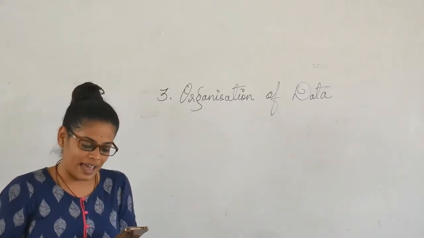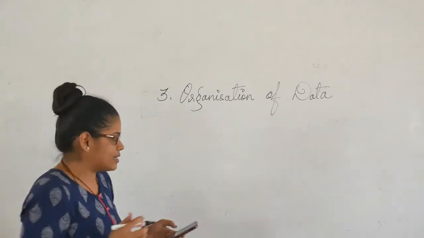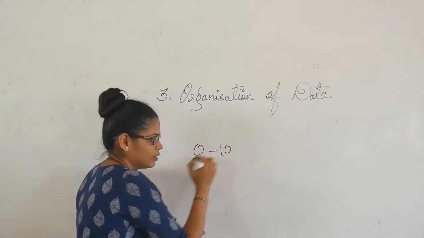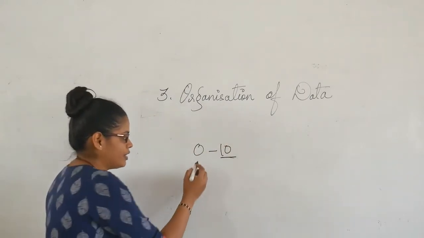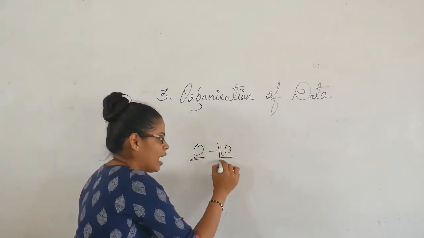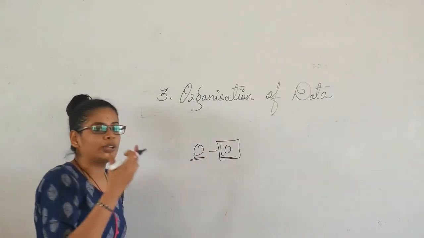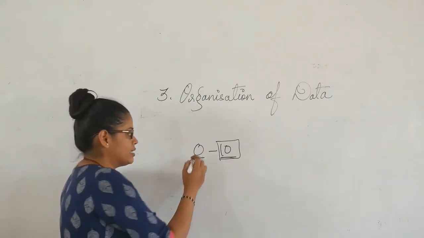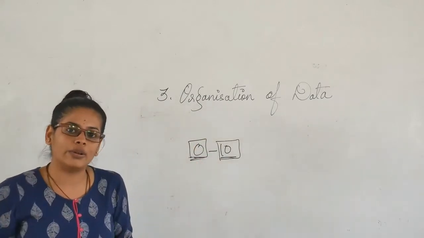So this is how we decide our class limits. Which is the upper class limit of the first class? 10 is the upper class limit. And which is the lower class limit? 0 is the lower class limit. We have seen how to decide the limits; now we have to see how to calculate the upper class limit. Here also we have a formula.